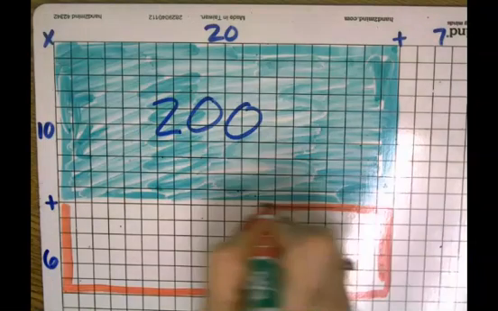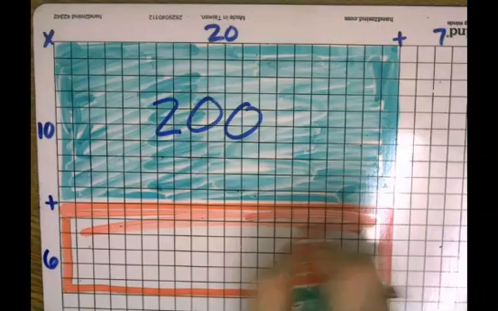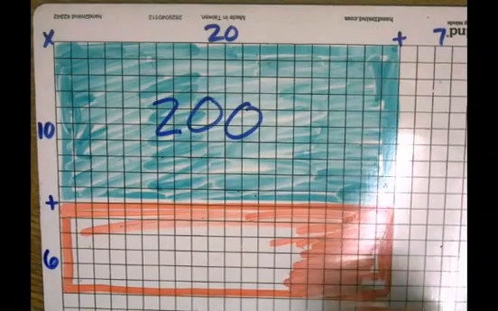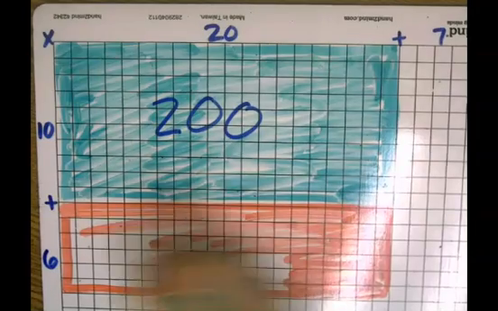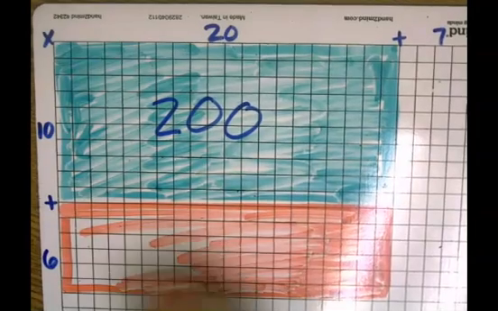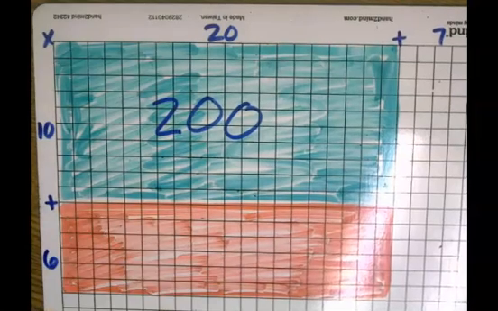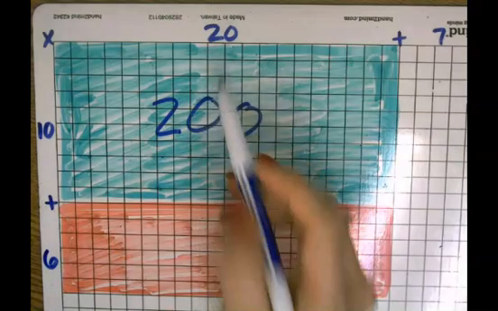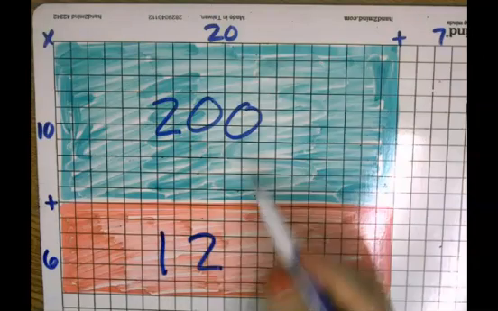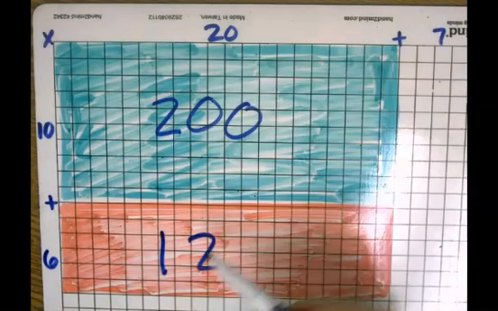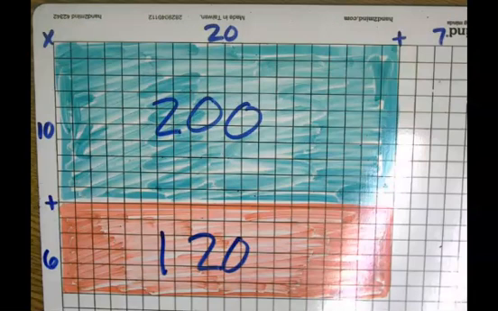Okay, so this part is 6 times 20. Well, I know that 6 times 2 is 12, and I have 1 trailing 0. So this area is 120 M&Ms.